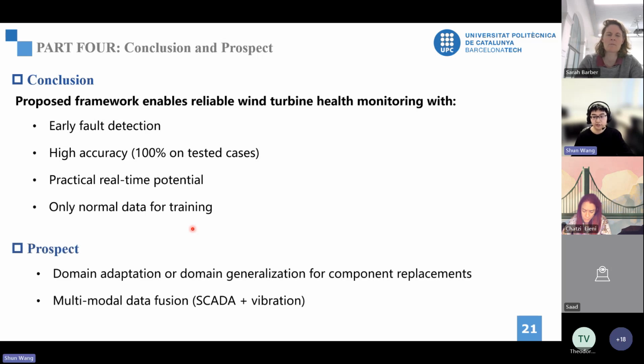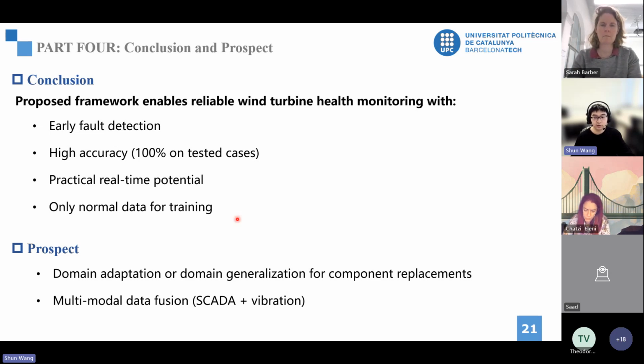Before, in the data division, due to the pitch component replacement, we treat the replacement and post-replacement periods as two separate bands with different training data sets. That's because the component replacement changes the data patterns.